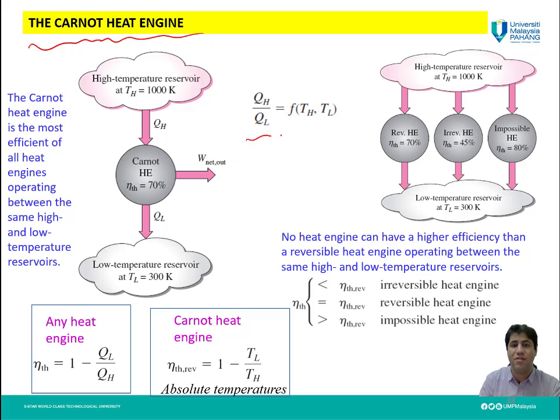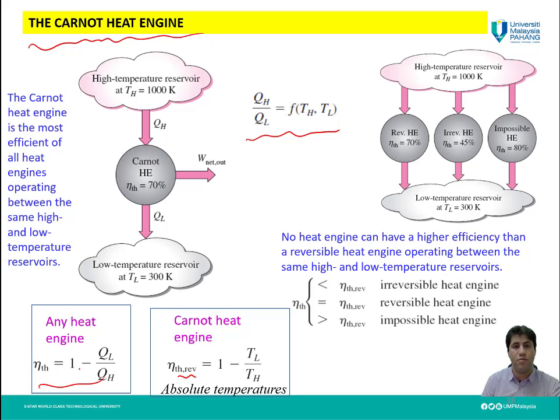According to this equation, we can find the thermal efficiency of a Carnot heat engine, which is a reversible heat engine, and it is equal to 1 minus TL over TH. As you know, we have this equation for any type of heat engine, irreversible and also reversible. If we have QL and QH, we can find its thermal efficiency by this equation. We have seen this in the previous slide.